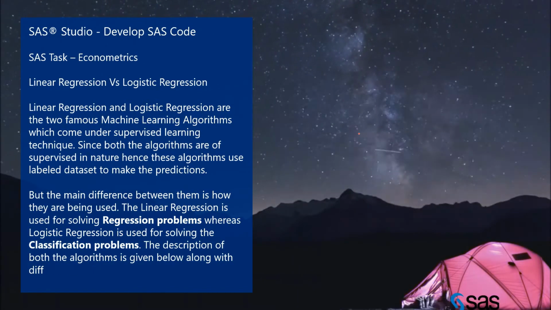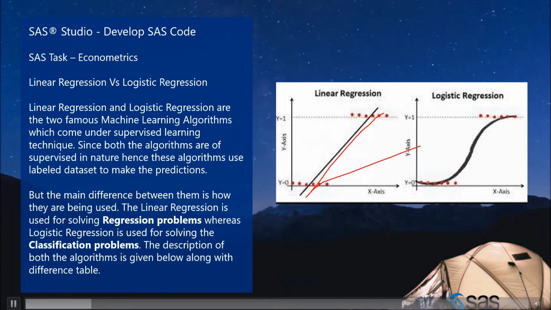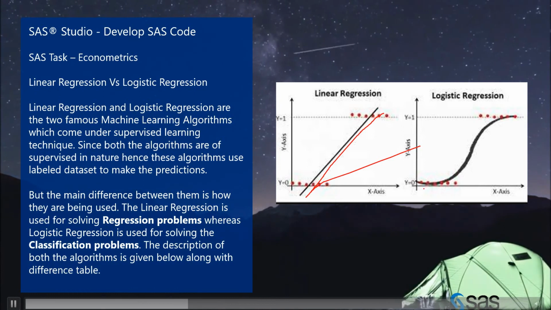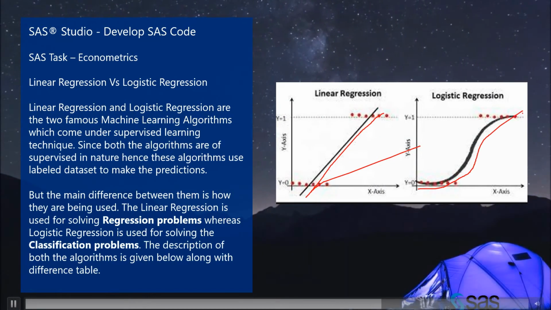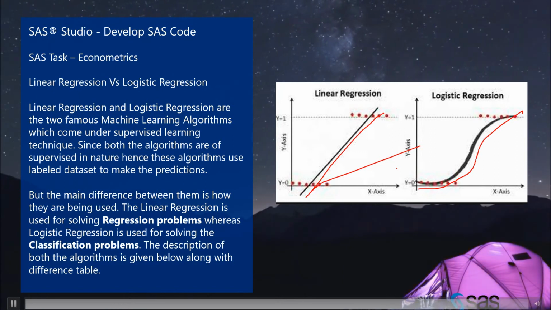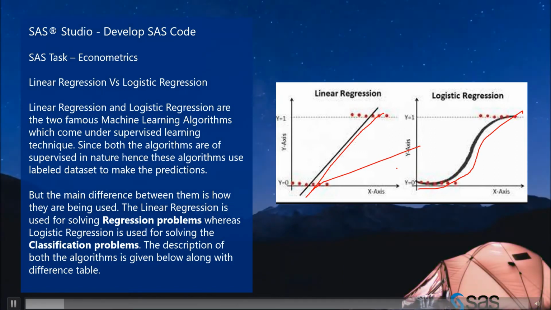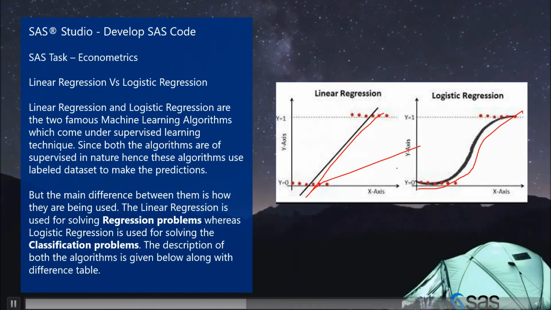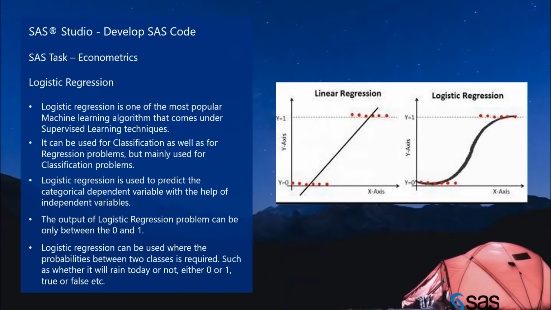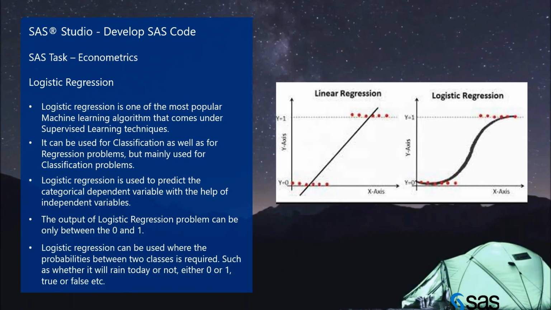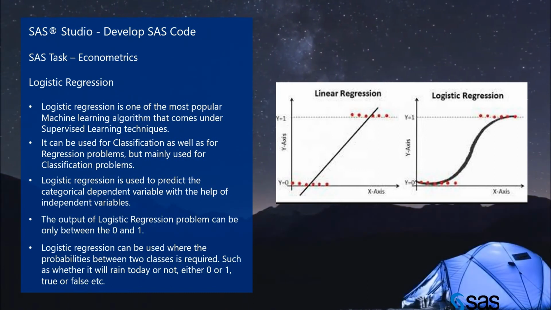But the logistic regression is a curve, going up like this. Another difference is that linear regression deals with numbers, while logistic regression deals with characters or text.